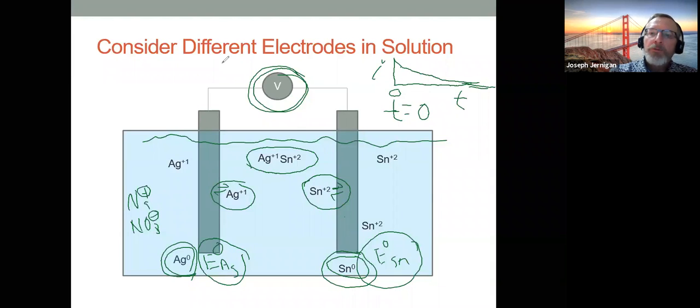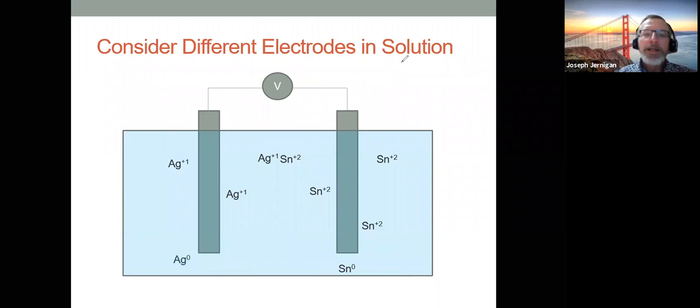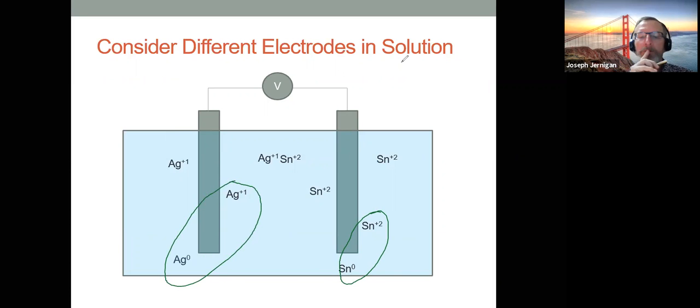Initially you would have a current that would start out and then go to 0. So that is the basis for generating electrochemical potential: having two different redox couples, two different what we call couples.